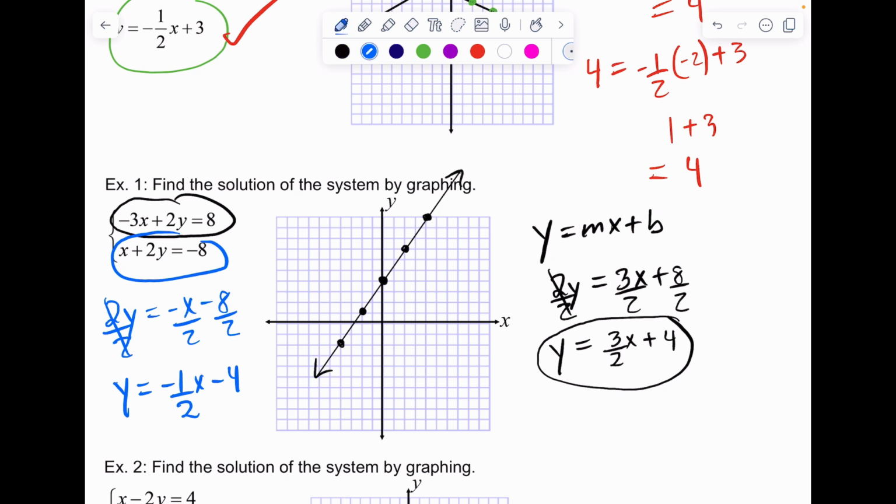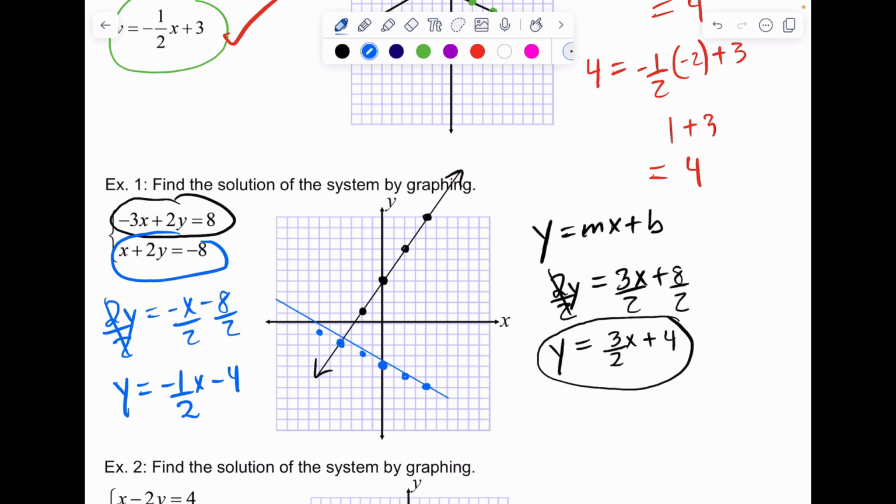And my second blue line, the y-intercept is -4, down 1, 2, 3, 4. The slope is -1/2, down 1, 2 to the right, down 1, 2 to the right, backwards, up 1, 2 to the left, up 1, 2 to the left.